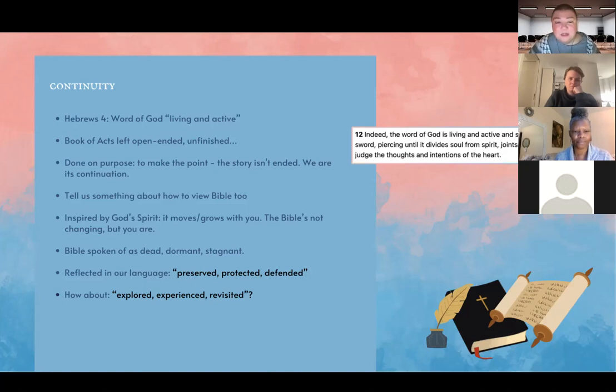The Bible must be protected. It must be defended. But perhaps the engaging journey it invites us on, this lifelong journey, should more be phrased as the Bible must be explored, must be experienced and revisited. Because if we have a relationship with a living God, we will move and grow. That can sound scary, but that's also a part of moving to a better place.